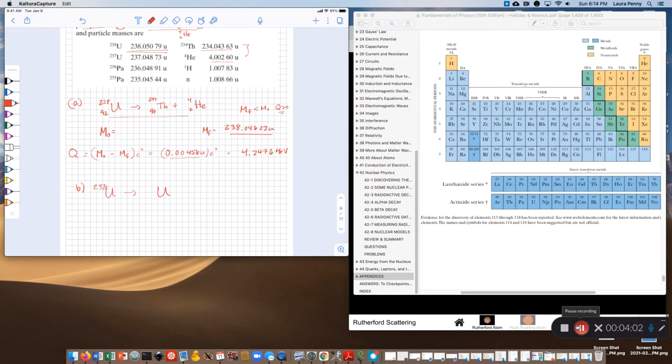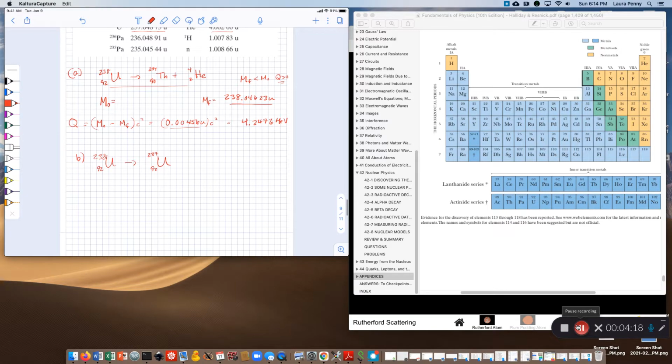We have 92 and 92, but it's going to have one less neutron in there. So it becomes 237 instead. And here again, you'll have some initial mass and some final mass, and you want to figure out what the Q is.